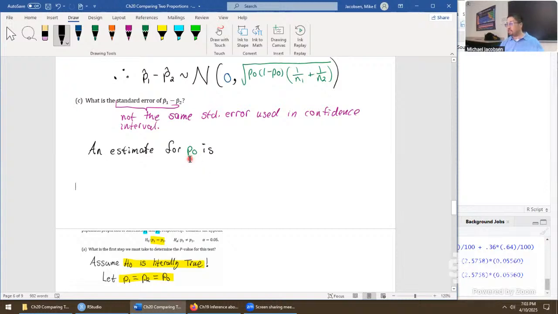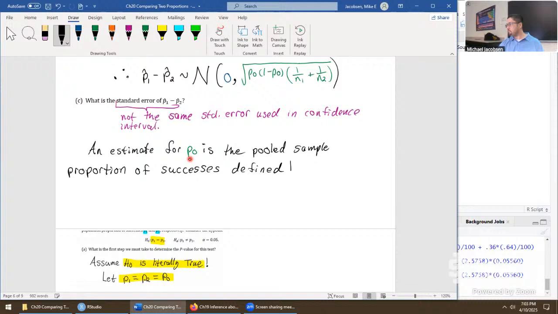They're not different. If that's the case, we'll leverage both statistics at the same exact time to estimate p naught, the common value. So an estimate for p naught is the pooled sample proportion of successes, defined by, I hate this part, it's defined by p hat. That is the notation our author gives.